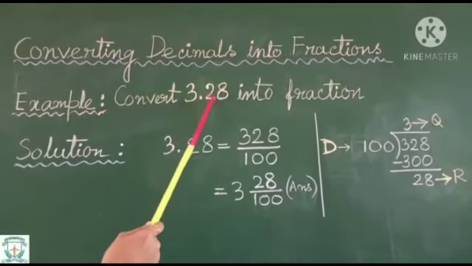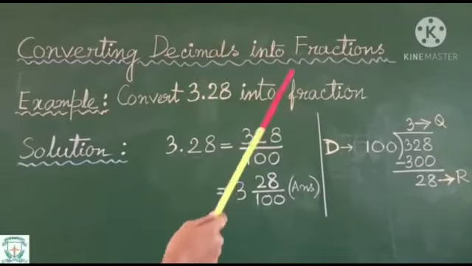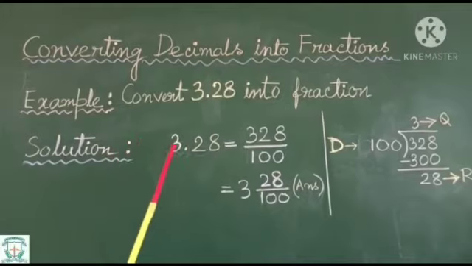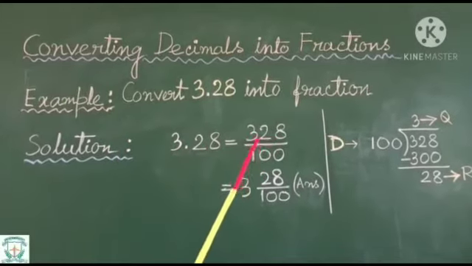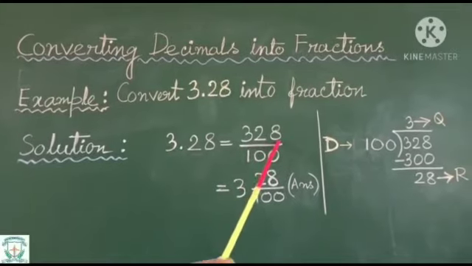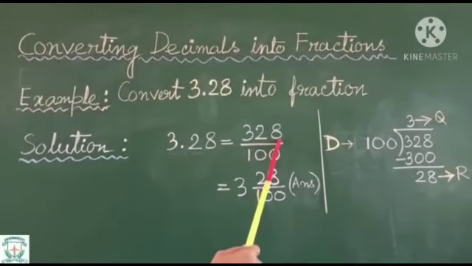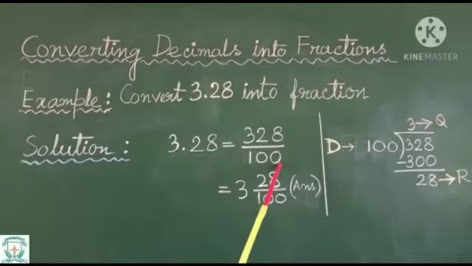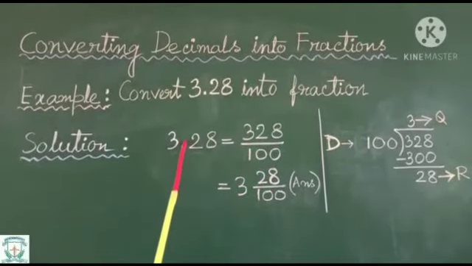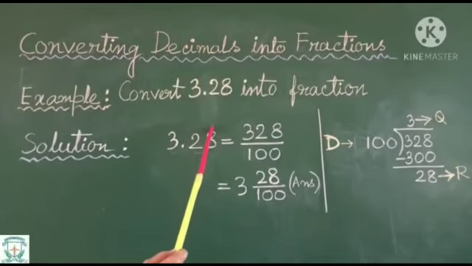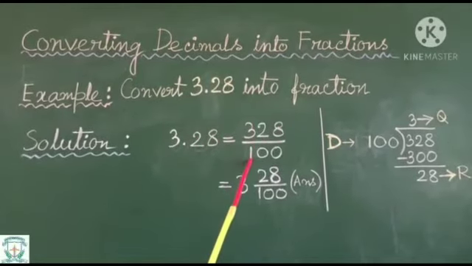Convert 3.28 into fraction. Write the given decimal number as the numerator without the decimal point, that is 328. In the denominator, write 1 followed by as many zeros as there are digits after the decimal point in the given number, that is 100.